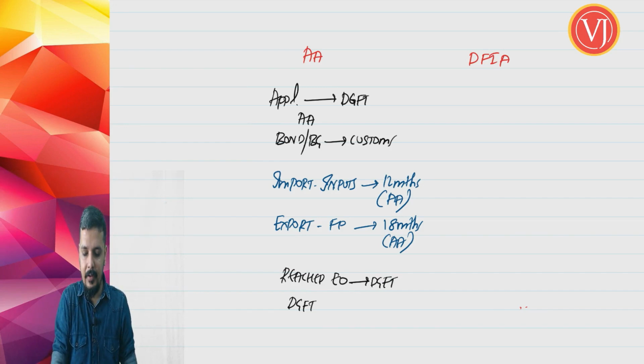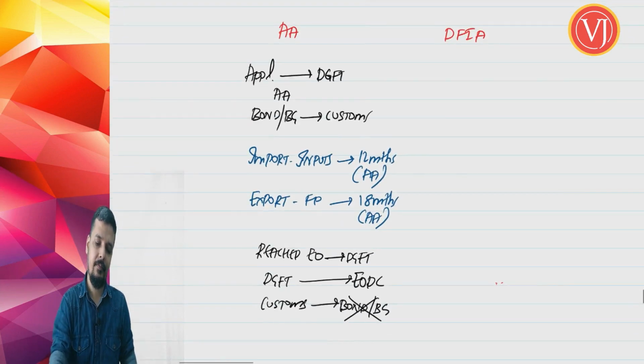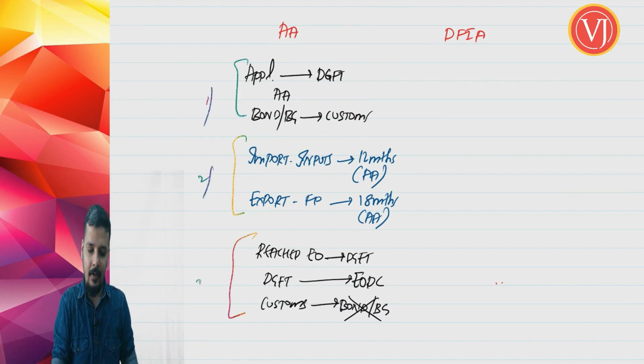DGFT gives you the export obligation discharge certificate, which will be given to your customs, and your customs will cancel the bond or the bank guarantee. So these are the steps which we have discussed in 3 parts of your advance authorization.